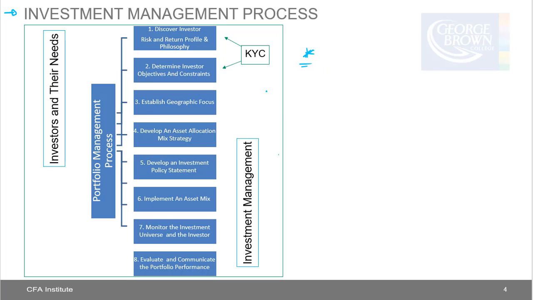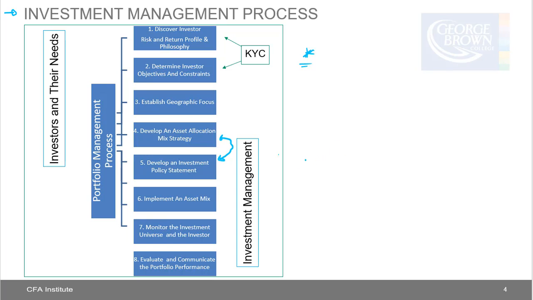It's the same process. Number 3 is perhaps establish a geographic focus. Number 4 is develop an asset allocation mix strategy. That's the strategic asset allocation. Number 5 is develop an investment policy statement. Sometimes you might see these two steps flipped. Doesn't matter. Both are acceptable.